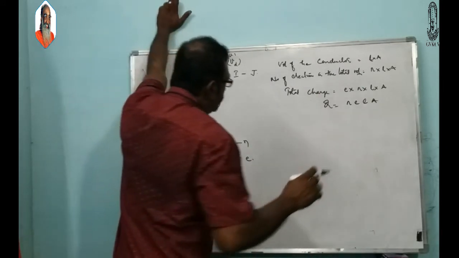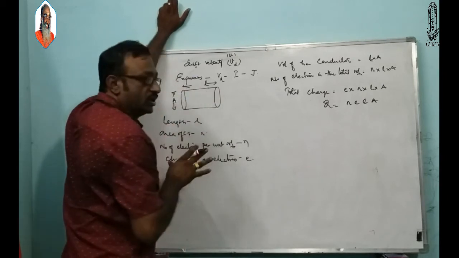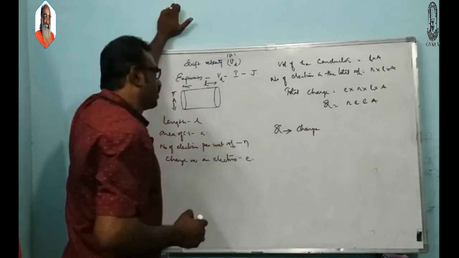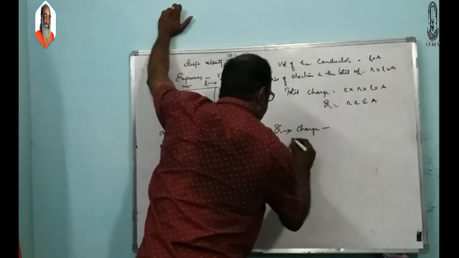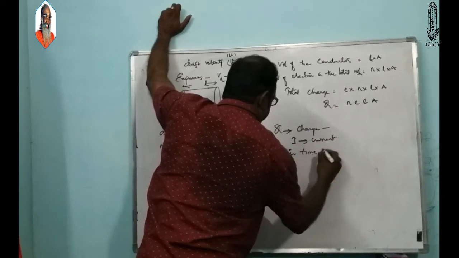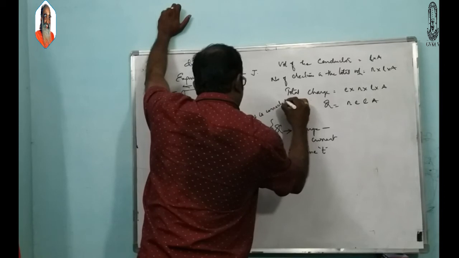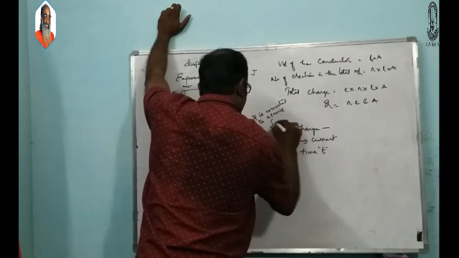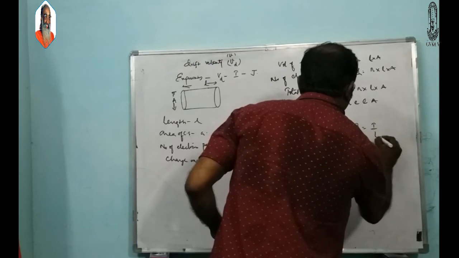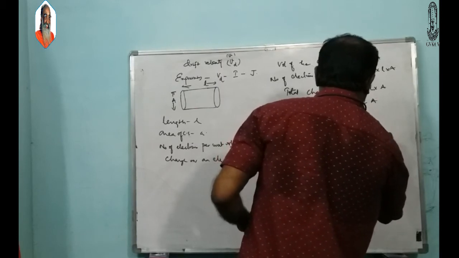Suppose this conductor is connected to a source and charge Q is provided, which means that in any cross section a current I flows in time t. Then we know I is equal to Q by t.